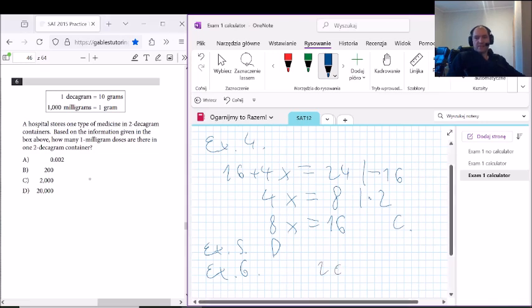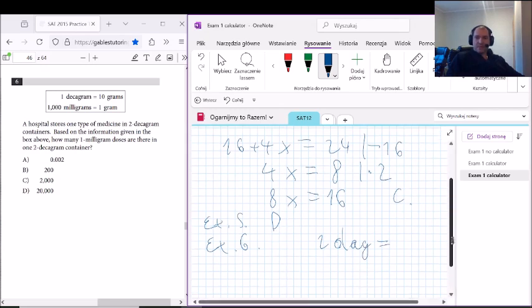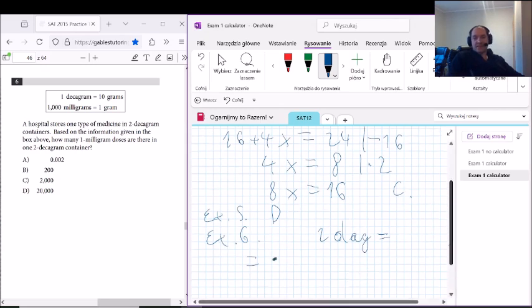So 2 decagrams. Okay, I don't need this table because in Poland we are using SI, but 2 decagrams equals 20 grams because deca is from 10. Decagram is 10 grams. Decameter is 10 meters.